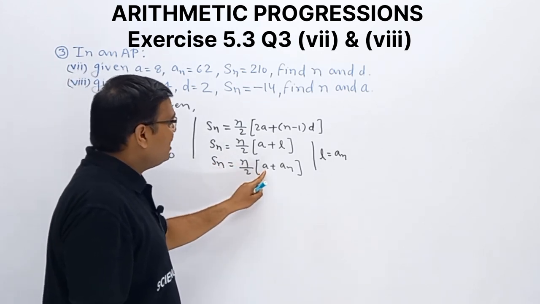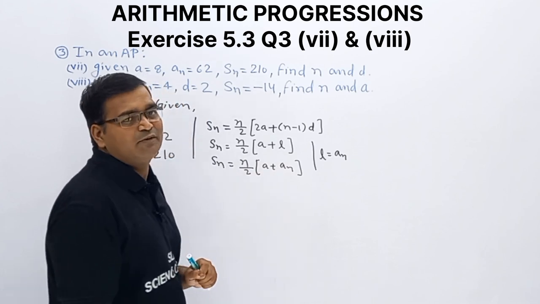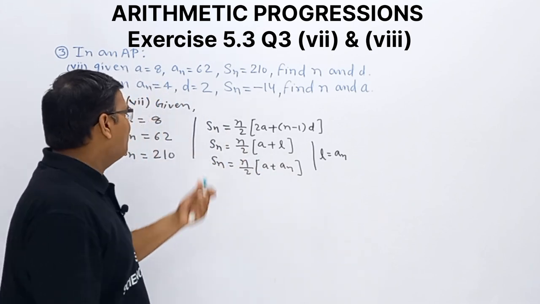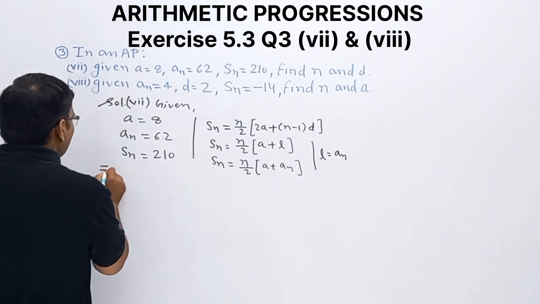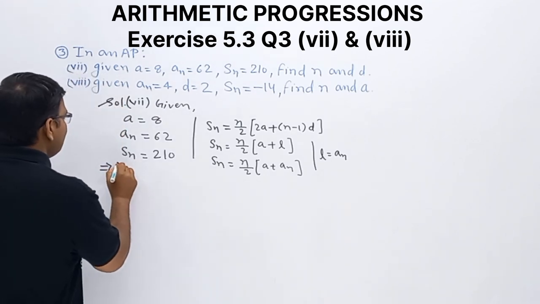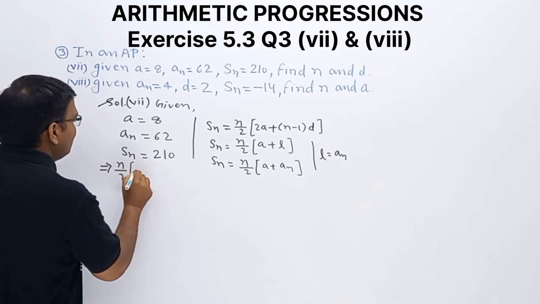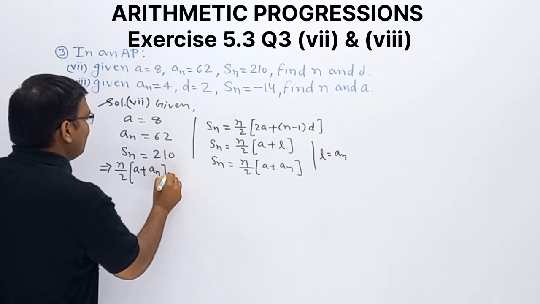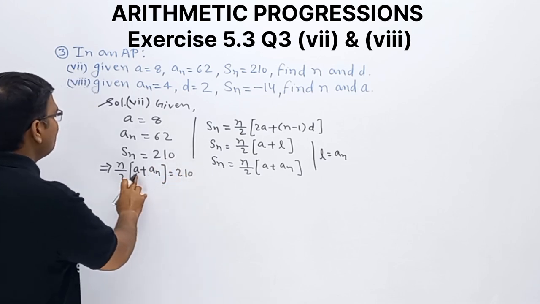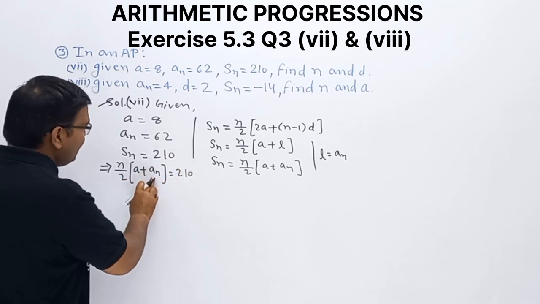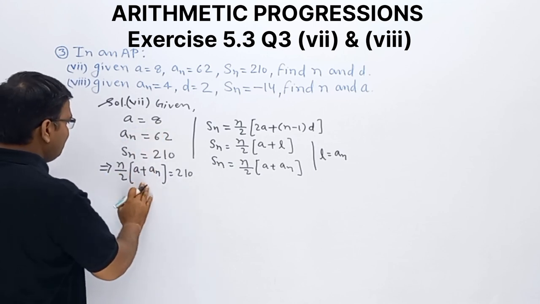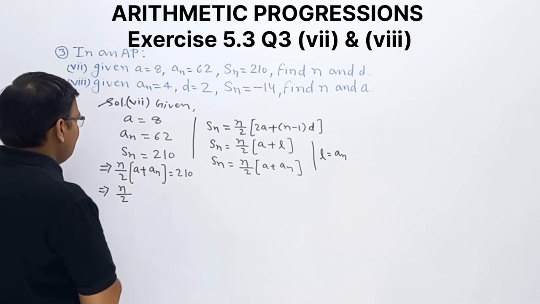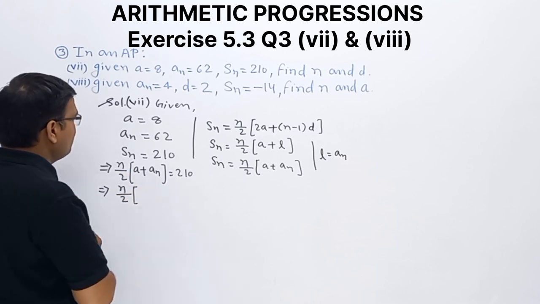Sn we have, A we have, An is also given in the question. We will put the values, then we can easily find the value of n. So observe carefully. Sn can be written as n by 2 into A plus An, where Sn is equal to 210. Put the values of A and An in this equation. Then we get only one variable, n, and this equation can easily be solved for n.